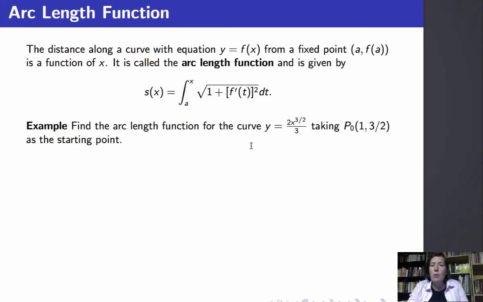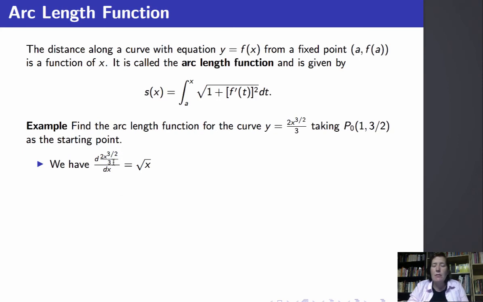So suppose I'm moving along the curve y equals 2x to the 3 over 2, over 3, and I start at the point 1, 3 over 2. When I get to the value x on the x-axis, how far have I gone? Well, I'm going to apply this formula. It's going to be the integral from a to x of the square root of 1 plus f prime of t squared dt.